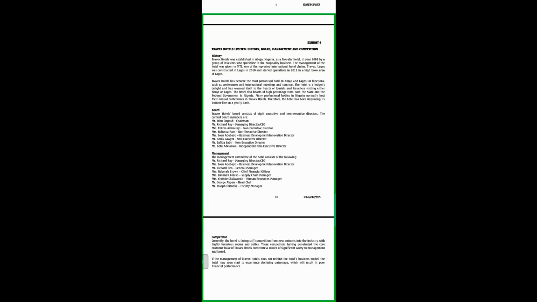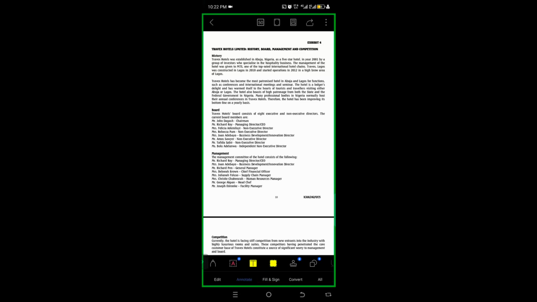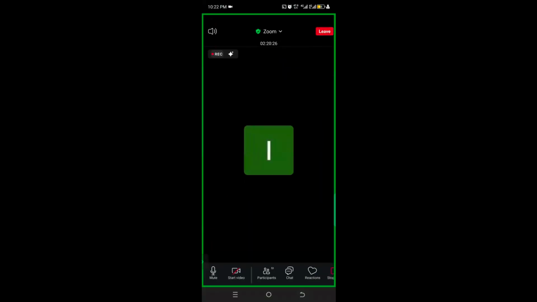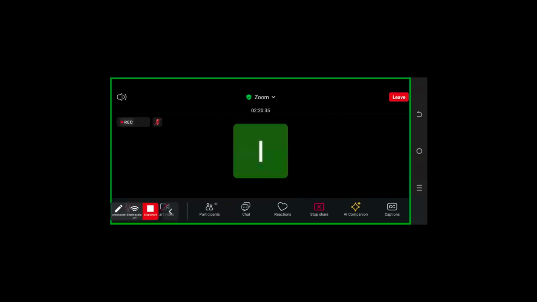MTS is a top-rated international hotel chain that has cumulative years of experience in hospitality management. So they are the ones empowered by Travis Hotel to manage the investment and see to all the corporate governance oversight.